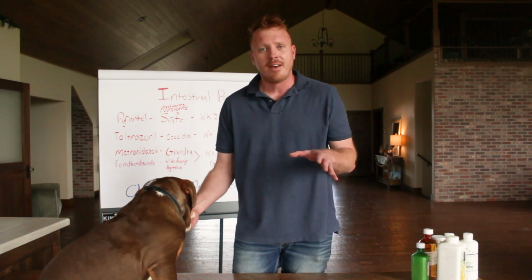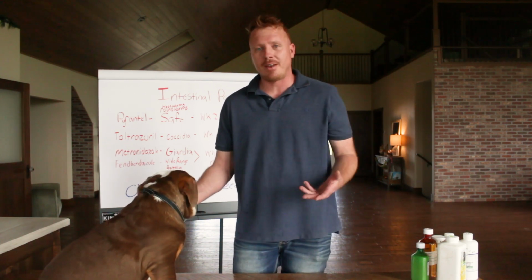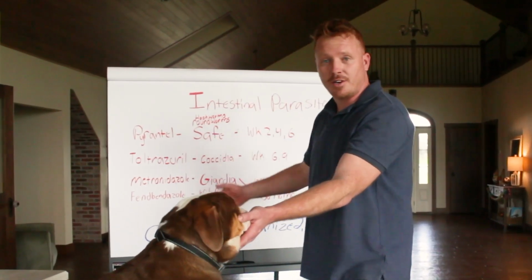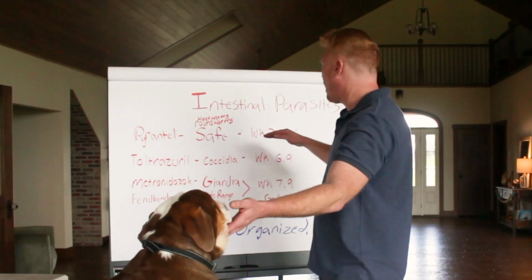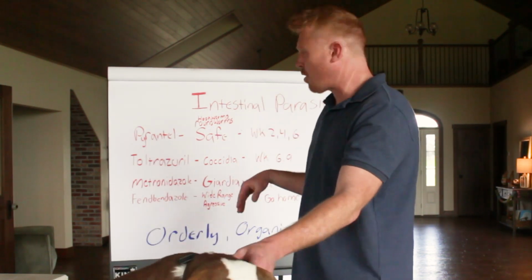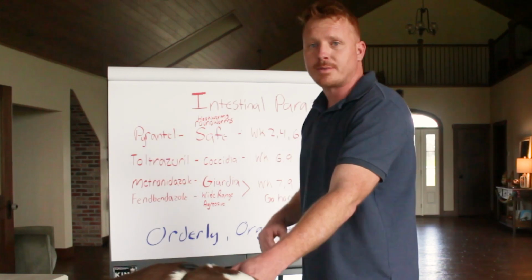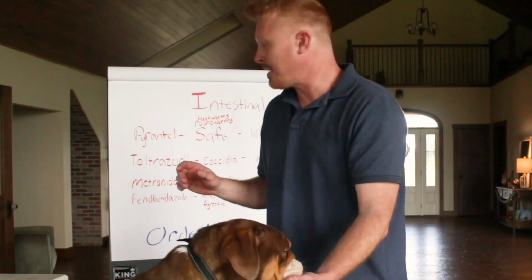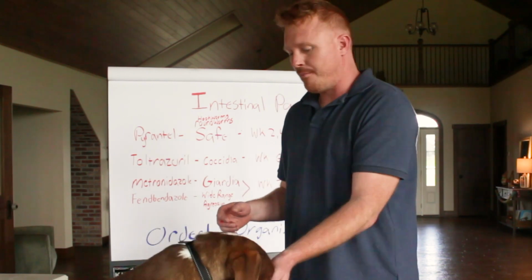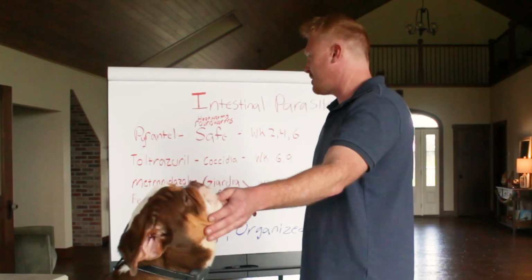And so you need a safe, effective way to eliminate those parasites. So we give Pyrantel at week 2 because it is safe, and then we'll follow it up with week 4 and week 6, specifically for the worms, the roundworms, the hookworms. Pyrantel has really good active ingredients to go after those kinds of parasites.